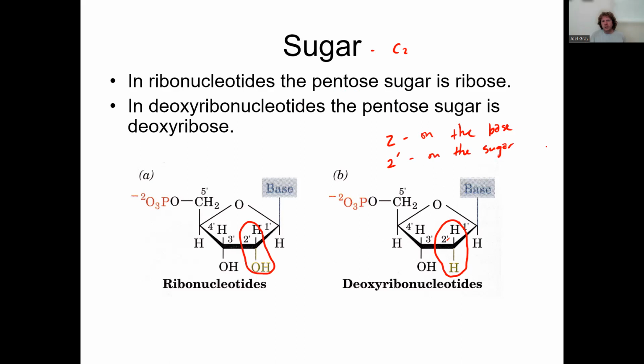If someone were to say position number 7 prime, well, looking at our sugars here, deoxyribonucleotides and ribonucleotides shown below, there isn't a seventh position. So that would be something that you'd need some sort of correction on. With that in mind, that's the main differentiator between ribonucleotides and deoxyribonucleotides.